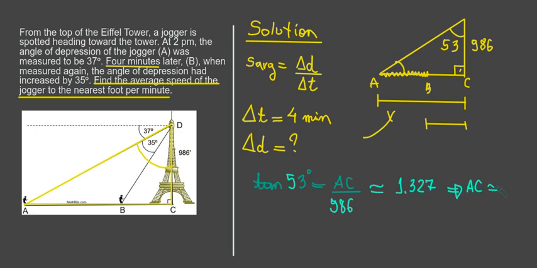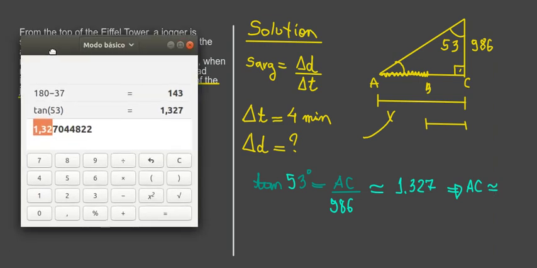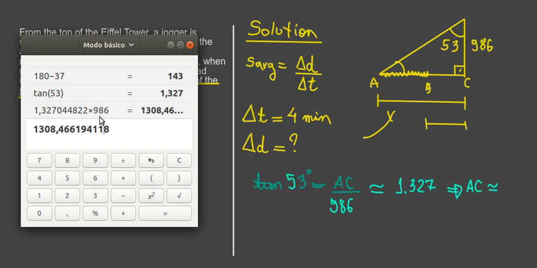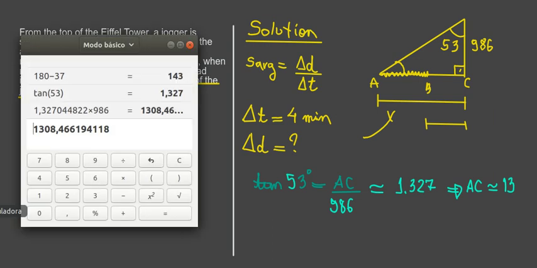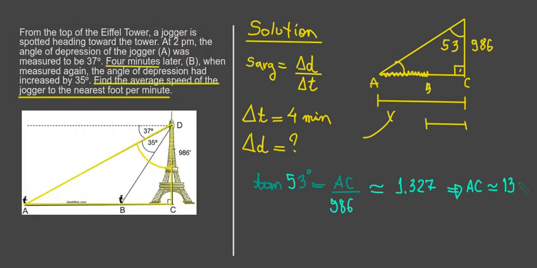is approximately, so let's take this on the calculator. Multiplying this value by 986, that is approximately 1308.5.